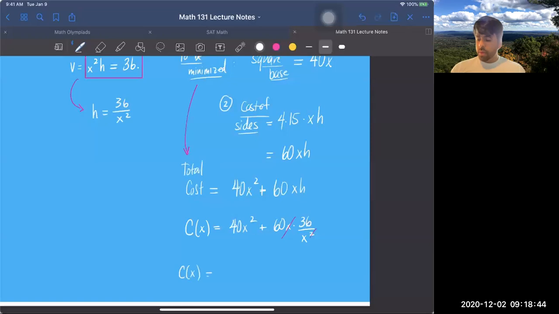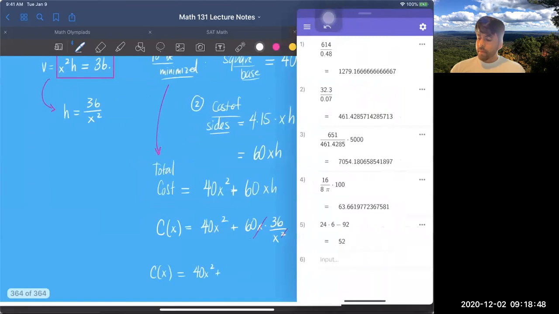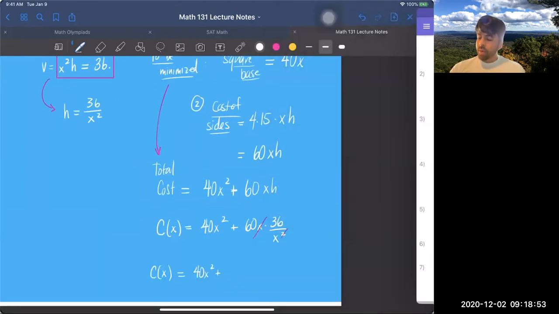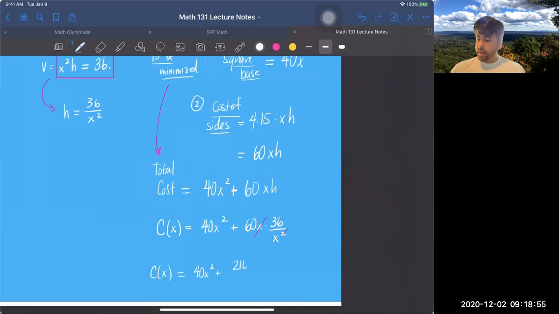C of x is equal to 40x squared plus, and I get 60 times 36, I get 2160 over x. This is my function. I did it. Do you see that? That's the function I want to minimize. Now this function is completely expressed as a function of one single variable, x.